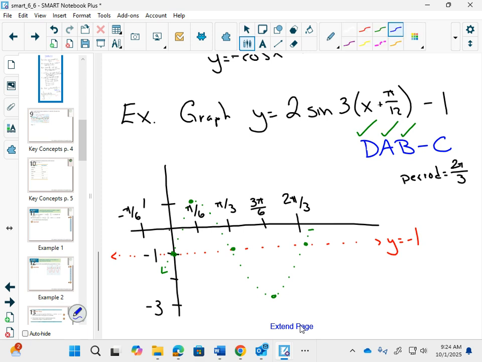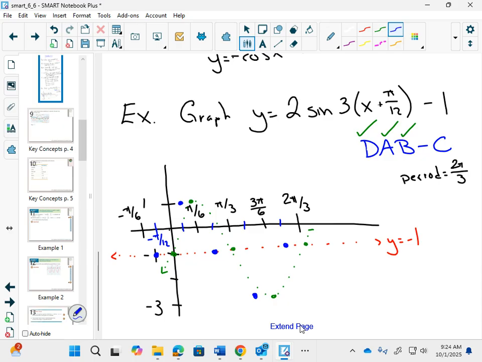So if I moved halfway to the right, that would be negative pi over 12. And I would have to cut each of these in half, because each of these points is going to get shifted that half amount to the left. So the dotted line is really helpful because it can show you where the points were, and then the shift is really easy.